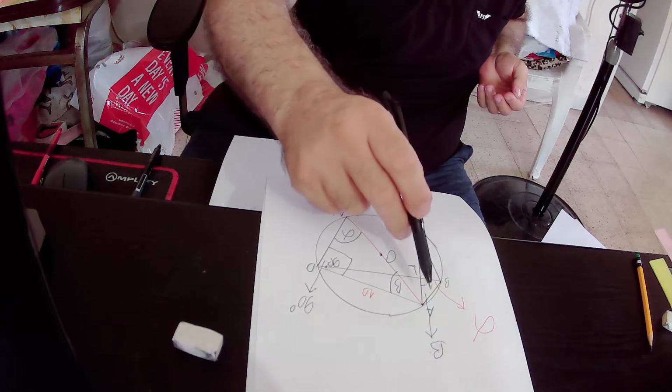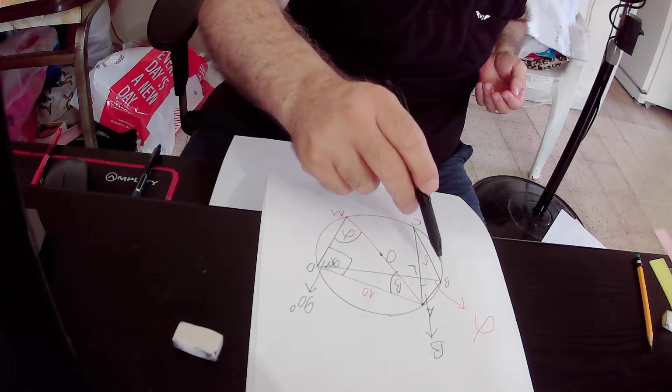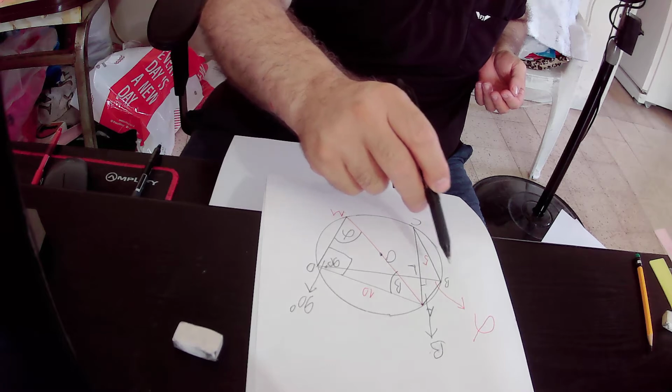So angle BAL in the right triangle BAL equals beta.